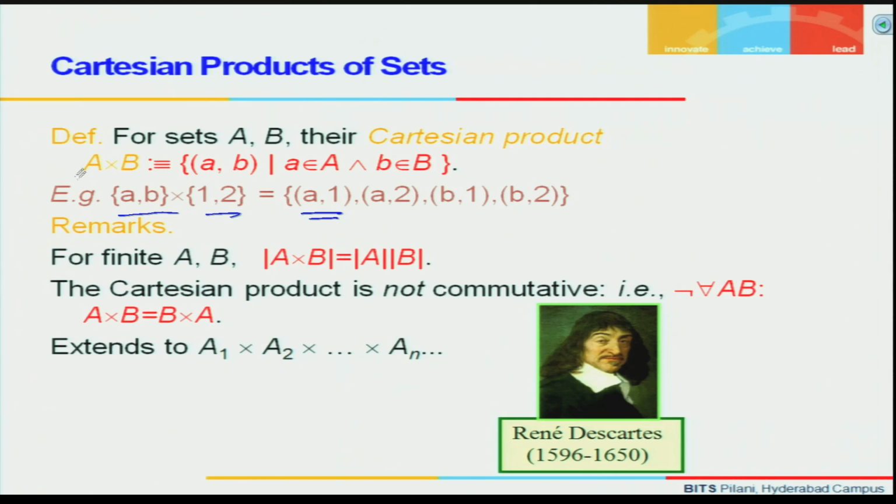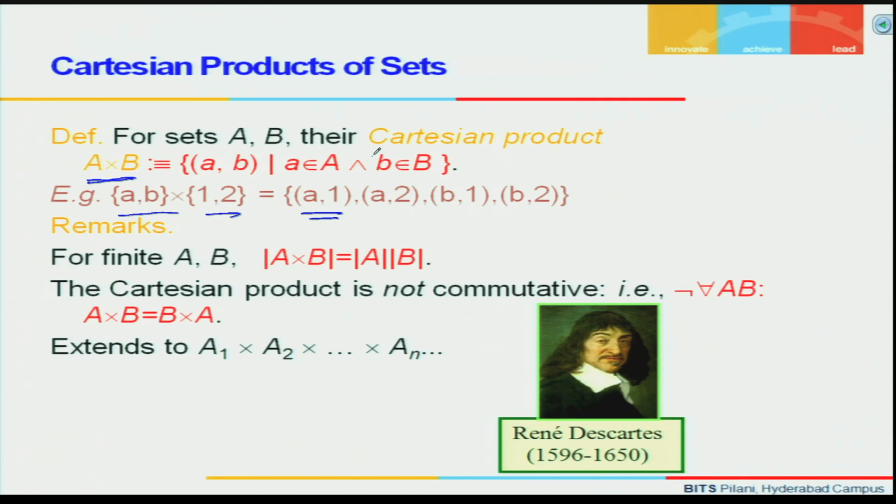Basically it is defined like this: A cross B is defined as the set of all (a, b), where a is taken from the set A and b is taken from the set B. That means A cross B is going to contain ordered tuples, with one element from the set A and another element from the set B.